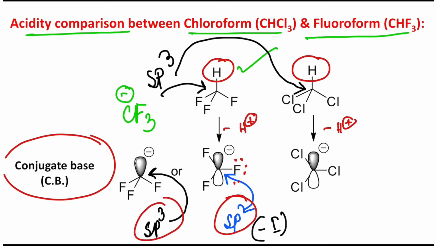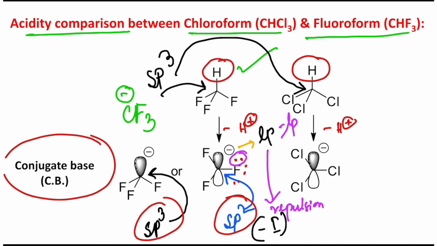But if you look at this, this negative charge means it's a pair of electrons, or more specifically a lone pair. So this lone pair could have a repulsion with the lone pair of this fluorine. So that's why there is a significant amount of lone pair repulsion. So this is actually a destabilizing factor.